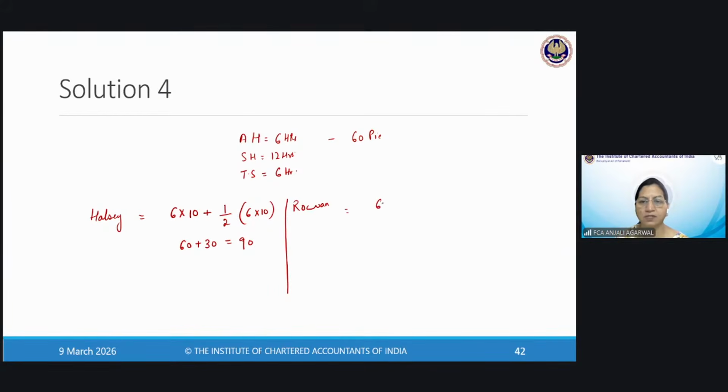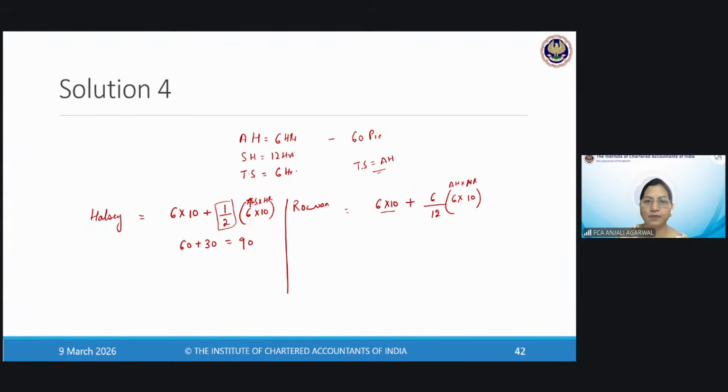Under the Rowan plan, he would have got 6 into 10 plus time saved 6, standard time 12. So once again, this becomes 6 by 12, which is the same as 1 by 2, into actual time, which is again 6 by 10. So it's not time saved, but if you are doing the work in exactly half the time, time saved is equal to actual time. Here in the formula you have time saved into hourly rate, and here you have actual hours into hourly rate.